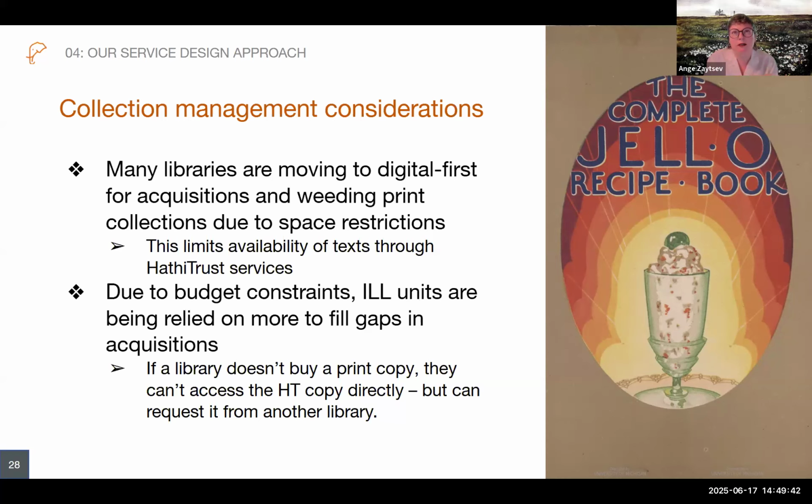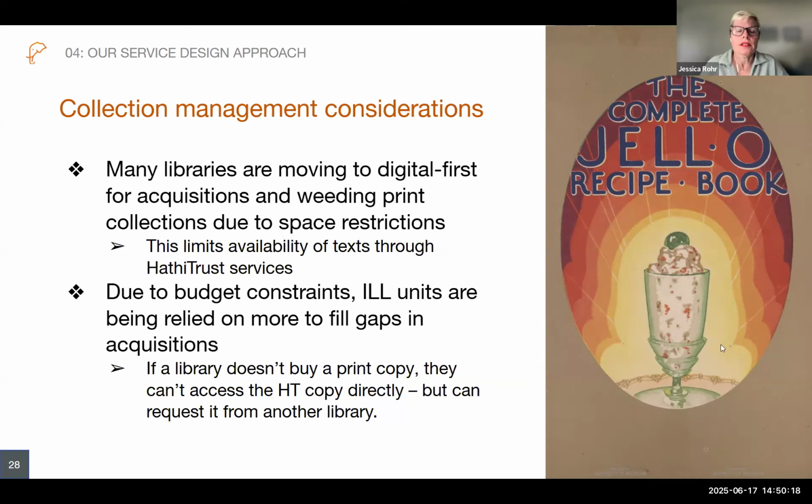But part of the point of the way we're developing this service is that ideally a year from now, say, 200, 300 of our member libraries have signed up for this service. And so you would be able to find another HathiTrust member library who holds that copy, and they're able to send you the chapter or the article that your patron needs to use for their courses or their studies or whatever it is.